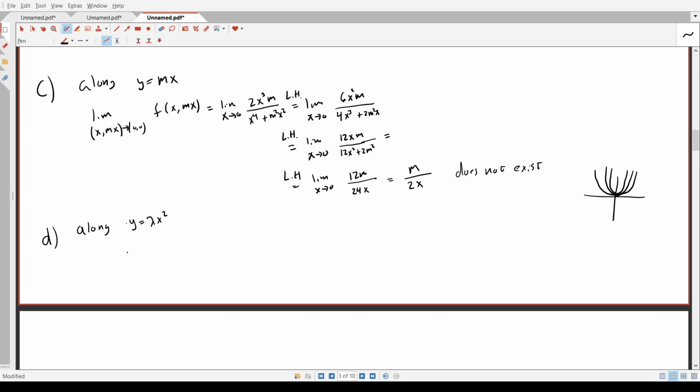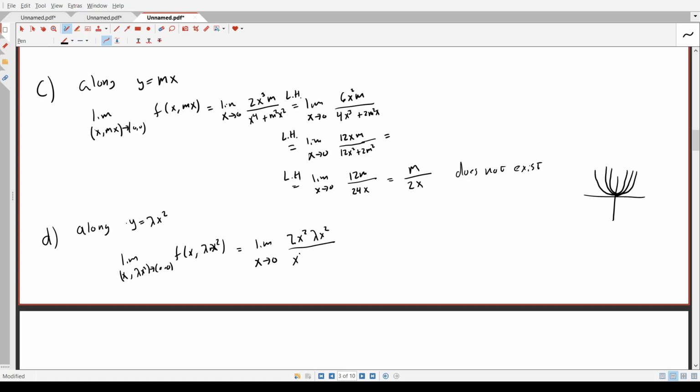Okay, so I do the limit as x, lambda x squared goes to 0, 0, of f of x, lambda x squared. So I plug this in and I get the limit as x goes to 0 of 2x squared times y, and y is going to be lambda x squared.